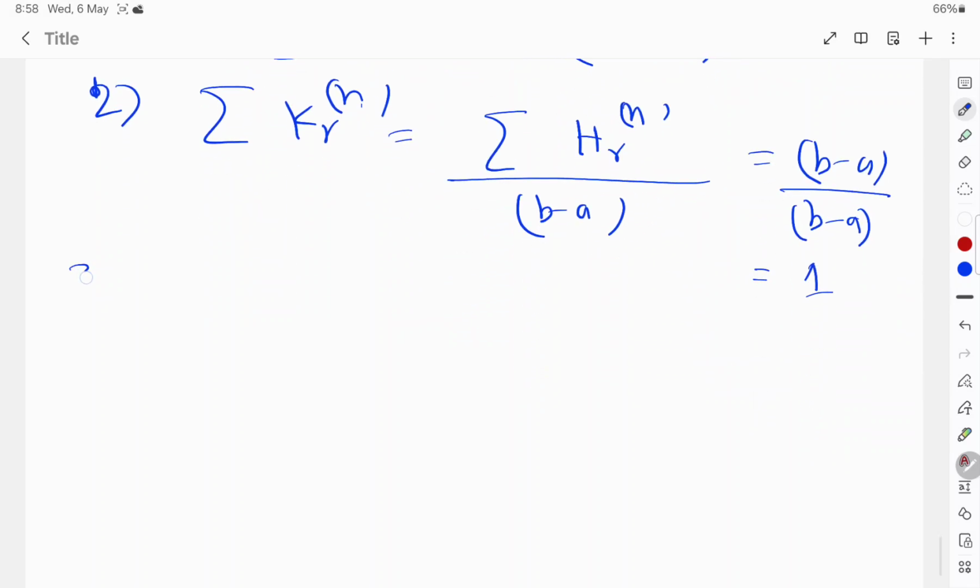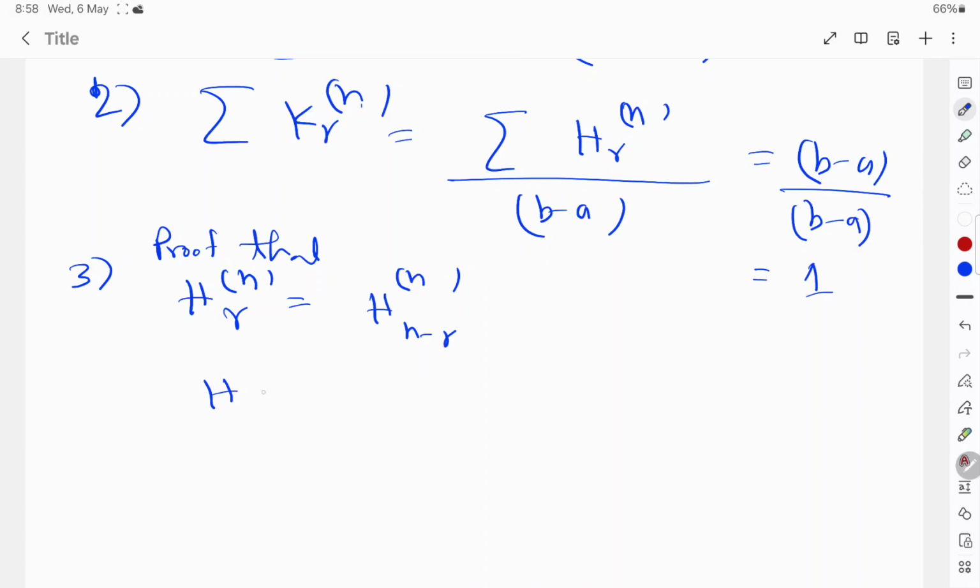Okay, next problem is, suppose they ask, prove that H_r^n will be H_(n-r)^n. So here basically you already have the expression for H_r^n. Suppose you are using that with the substitution form.